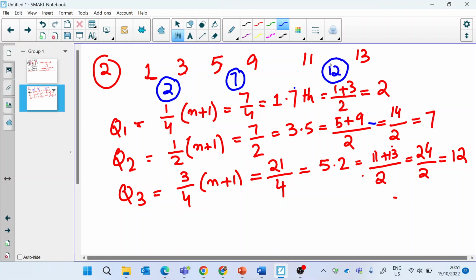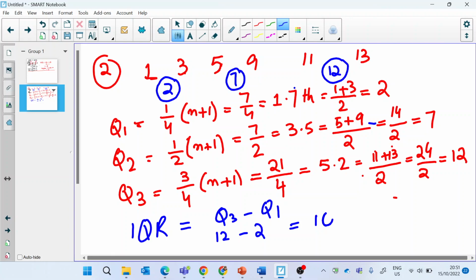So now we have found the lower quartile, middle quartile, and upper quartile. The IQR, or interquartile range, is equal to Q3 minus Q1. So 12 minus 2 is equal to 10.